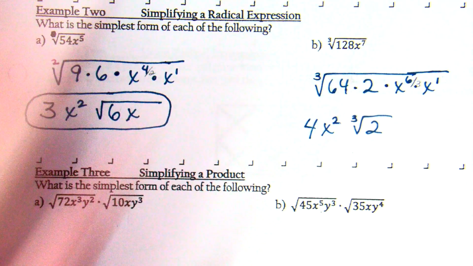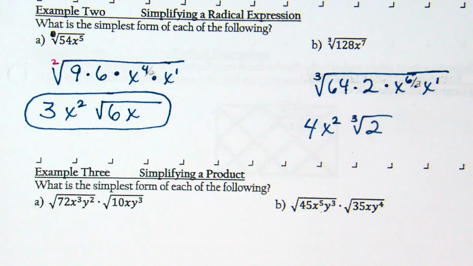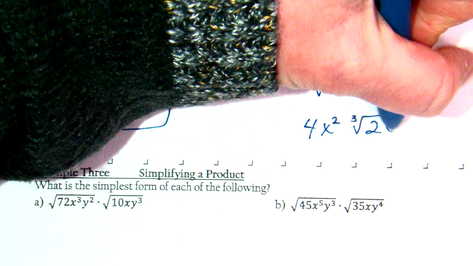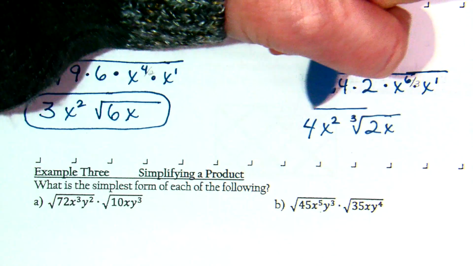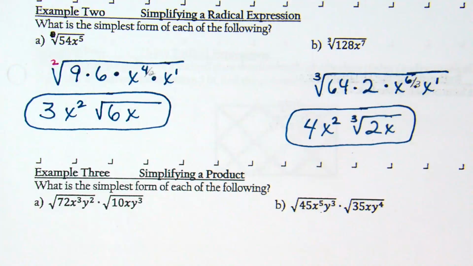And that's now outside my radical. Cube root of x to the 1st. Stays x under the radical. Okay, got an idea? You've seen a square root, you've seen a cube root. Okay. If you don't have questions, I'm ready to try the next one and multiply.